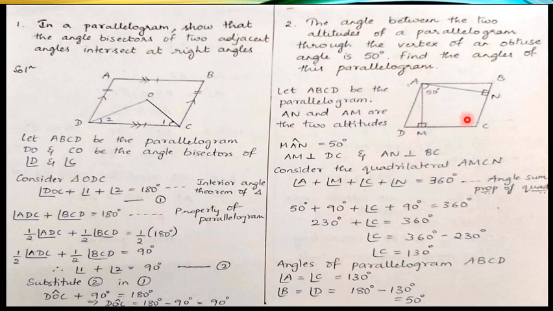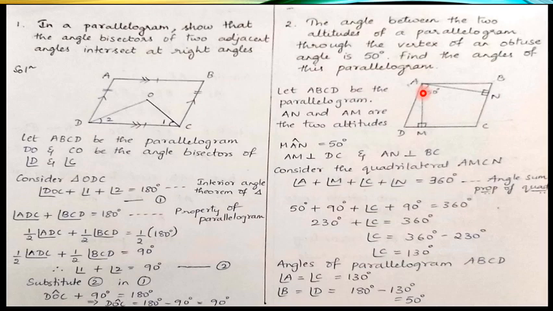So if this is 130 degree, angle D is going to be 180 degree minus 130 degree, which is equal to 50 degree. After finding angle D, you can write angle D and angle B are equal because opposite angles of a parallelogram are equal. So this is how you can find the angles of a parallelogram when two altitudes and the angle of intersection of these altitudes are given.